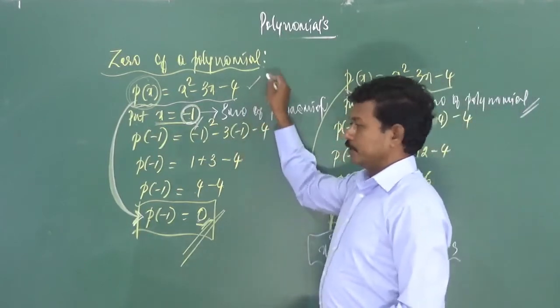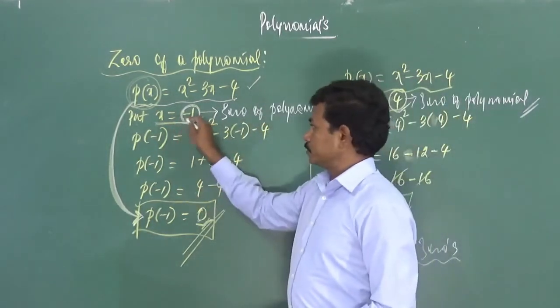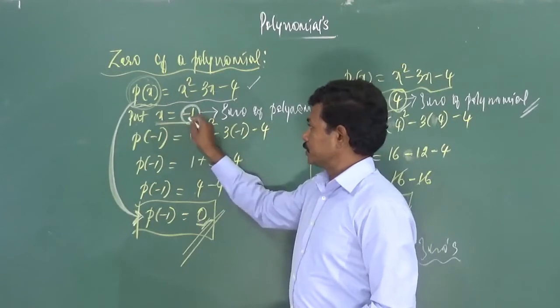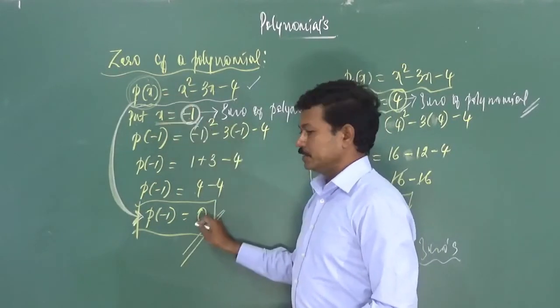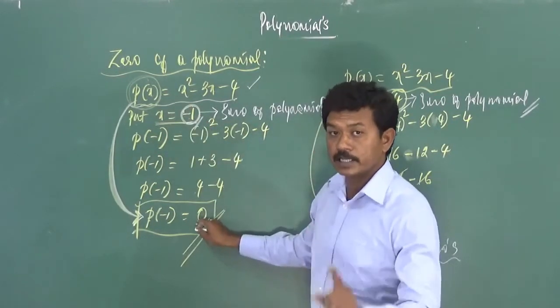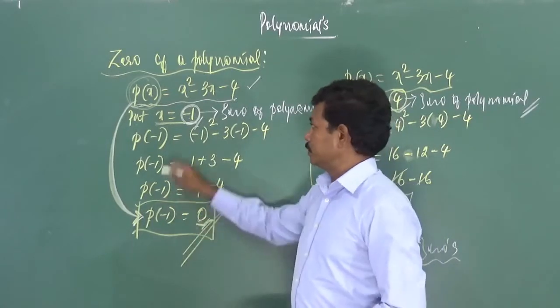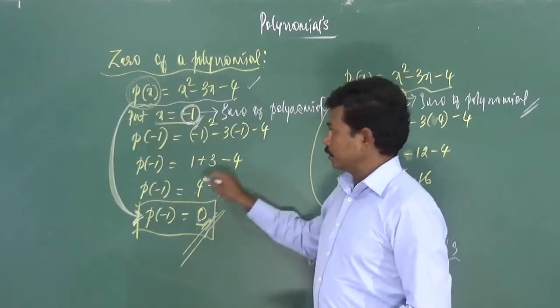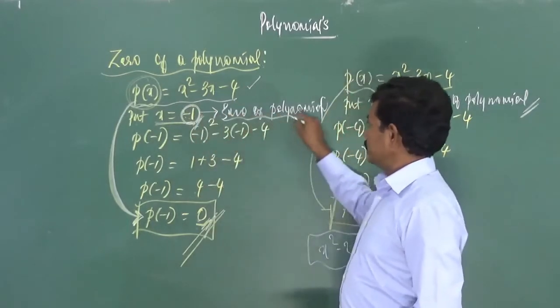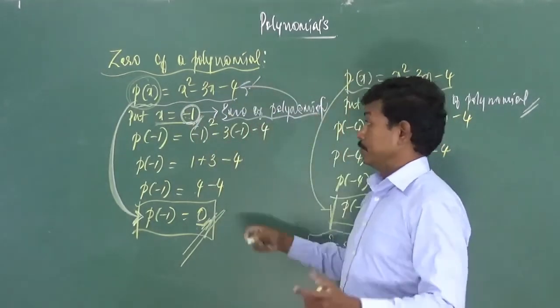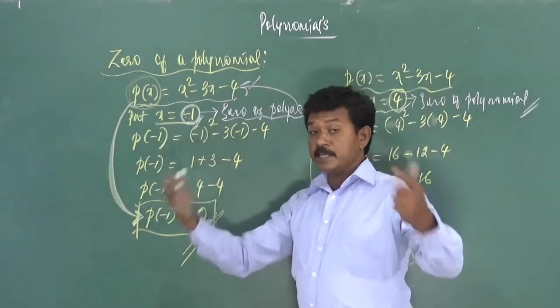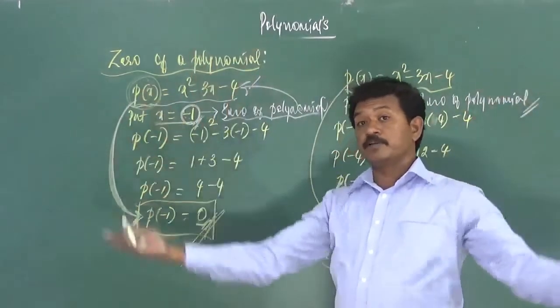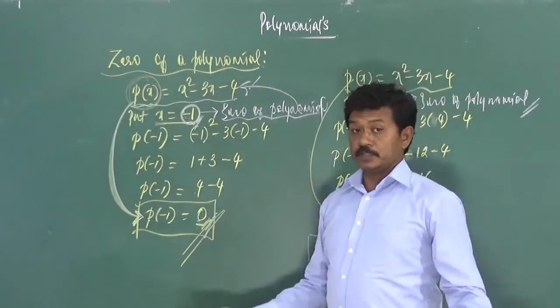A polynomial was given to you, you are asked to substitute the value minus 1. When you substituted this value, p of x becomes exactly equal to 0. So minus 1 made this polynomial p of x become 0. Therefore minus 1 is called a zero of this polynomial. Maybe minus 1 may be the zero of some other polynomial, we don't know that.